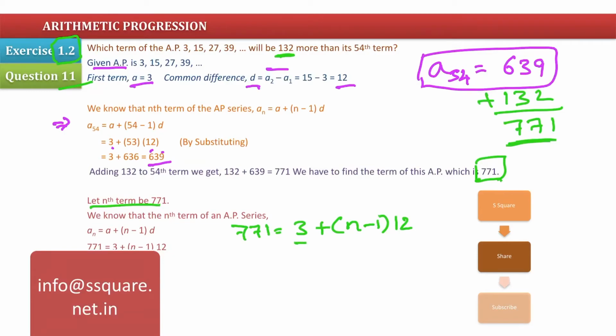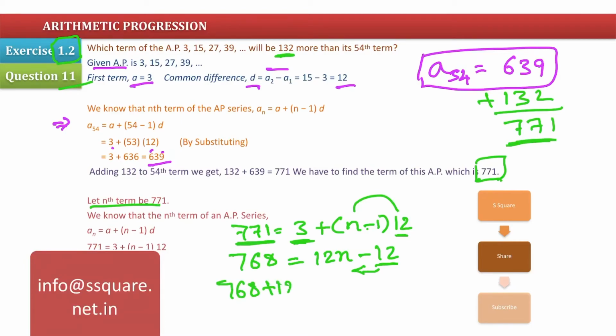So 771 minus 3 is 768, equals 12n minus 12. I am taking the minus 12 to the left side.